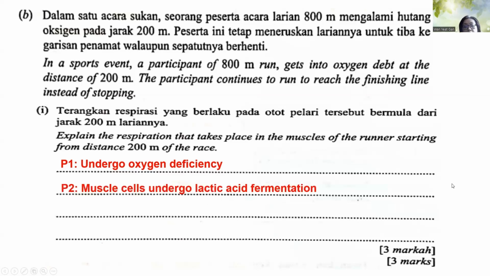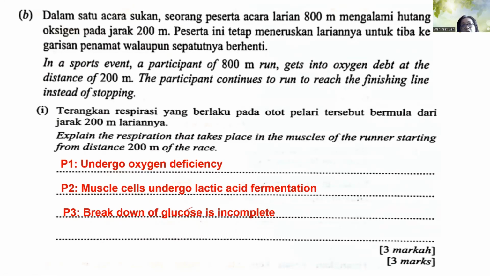because now that the oxygen is insufficient, the muscle cell will have to undergo lactic acid fermentation. The breakdown of glucose becomes incomplete because there is no oxygen. That means the supply of oxygen is insufficient.